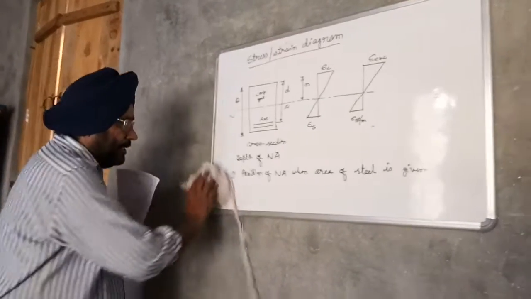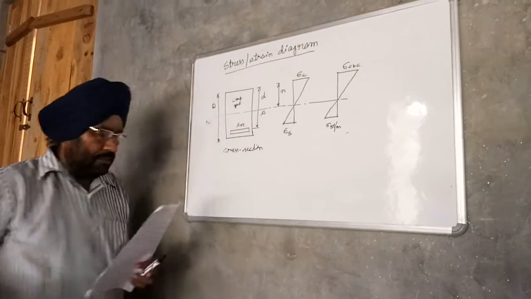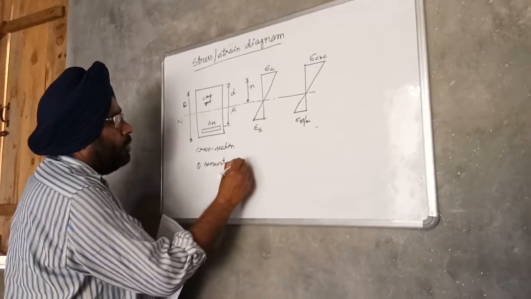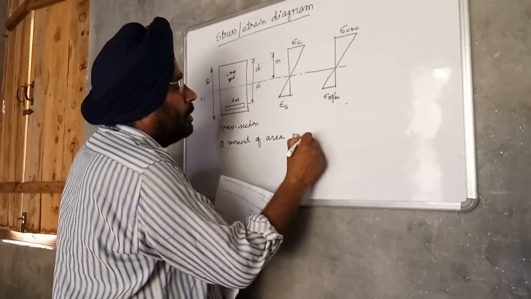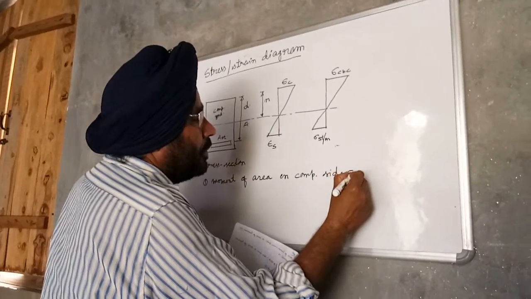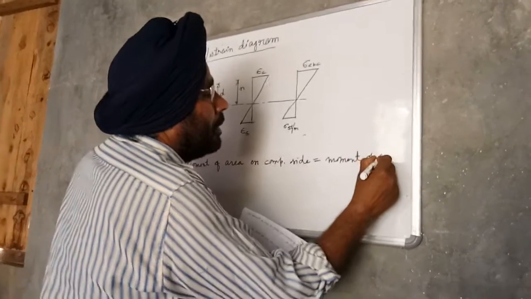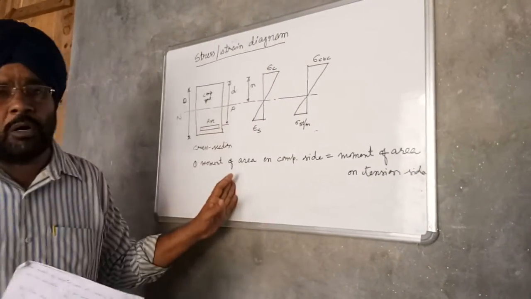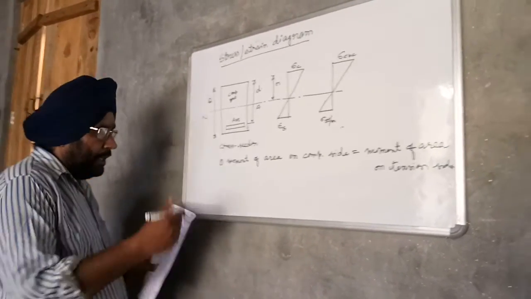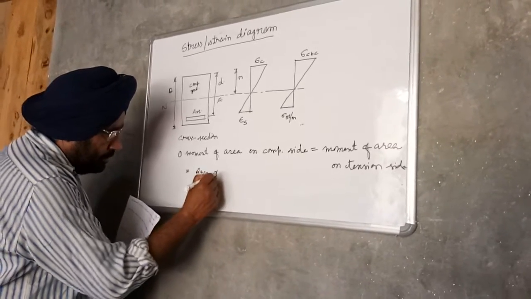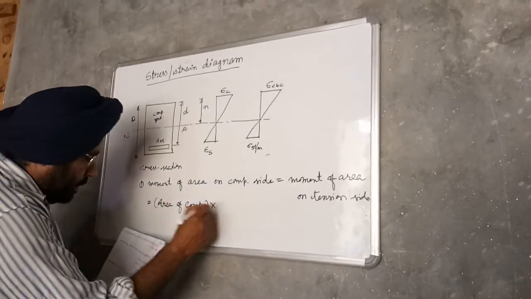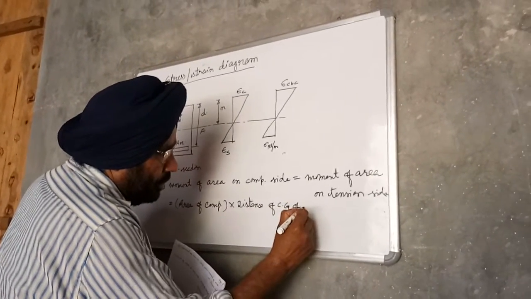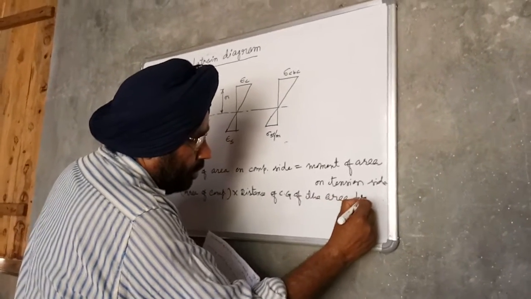The moment of area on the compression side is equal to the area of compression into the distance of the CG of the area from the neutral axis.